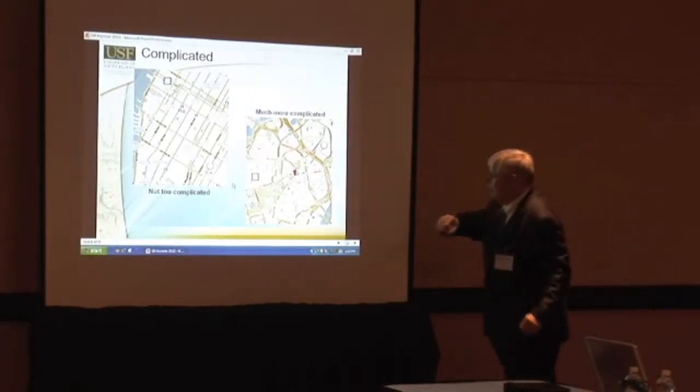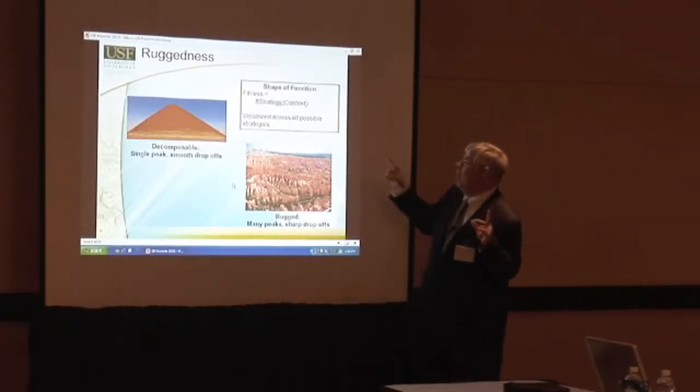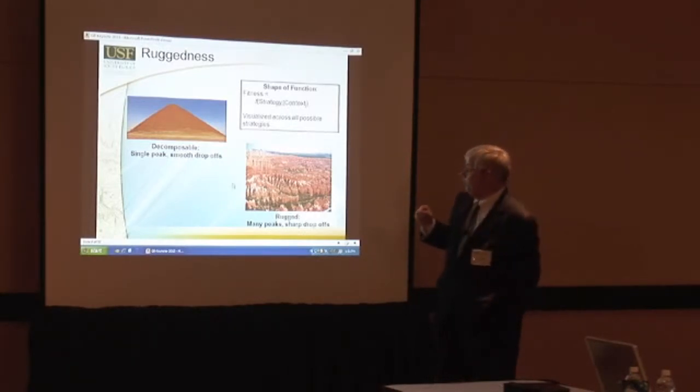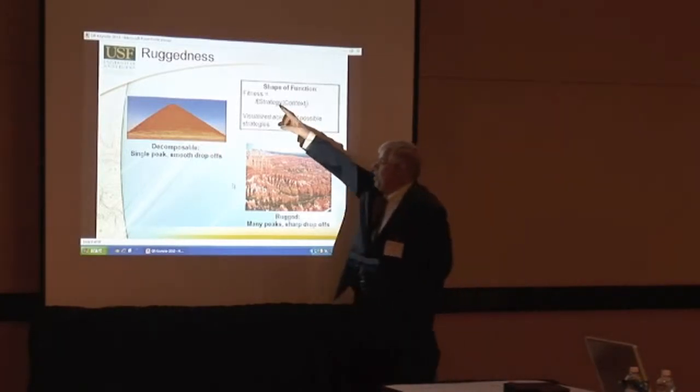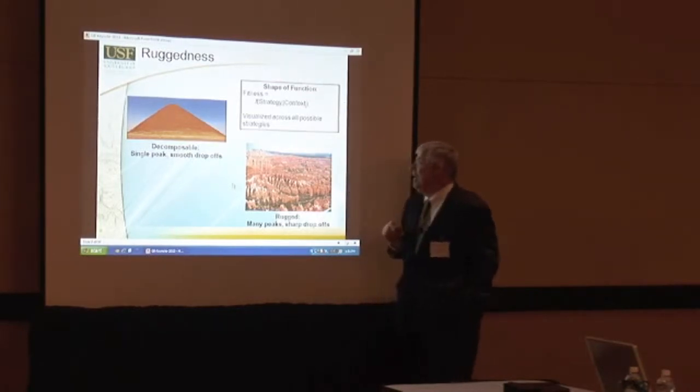But at any rate, complexity grows as we add information. Finally, we have ruggedness. Now, ruggedness involves basically a mapping of different strategies for performing a task given a particular context.